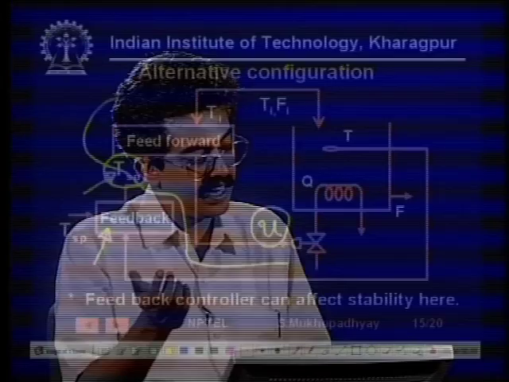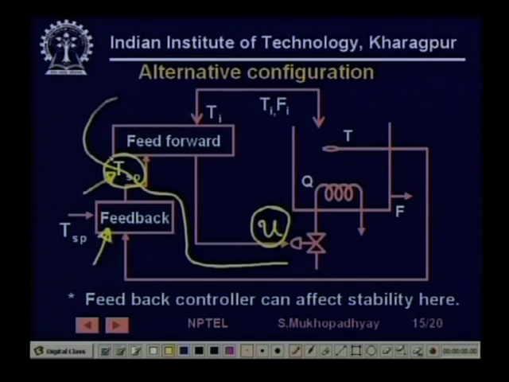Anyway, we are not examining the stability question in depth, but obviously the feedback controller can affect stability, because if the loop becomes unstable, then the equivalent T set point can oscillate, and then the whole loop will oscillate. Naturally such a thing can happen, although we are not examining it in detail here.